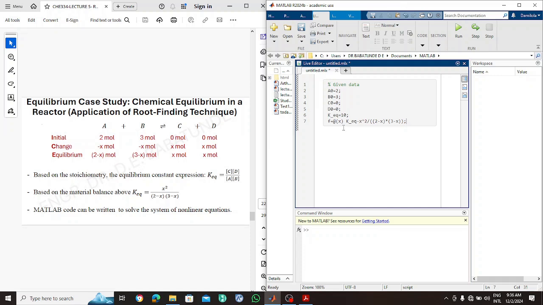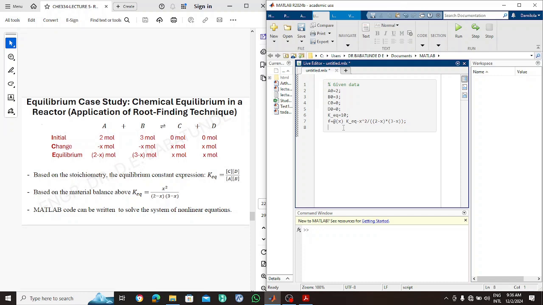So for this problem that I said we should use fzero, I'll be guessing 0.5. Okay? So you can guess any other value, at least up to 2.8. If you guess up to 2.8, I believe you still get the same value that I will get here. I can elaborate on that later. So I'm using 0.5 for my initial guess.